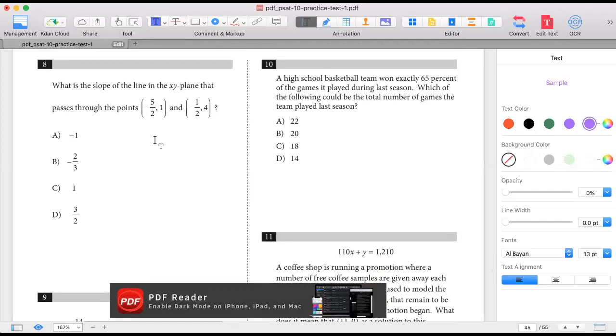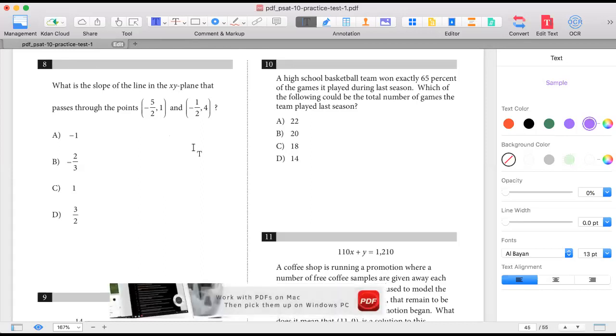As we know, the slope of the line through any points is the change in y over the change in x, which is rise over run. This is expressed in the formula y2 minus y1 over x2 minus x1.